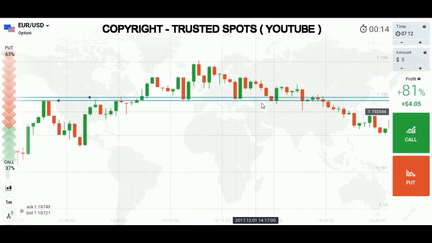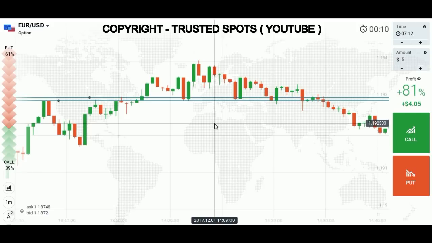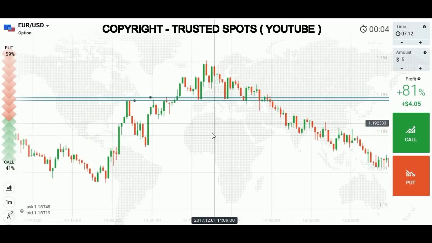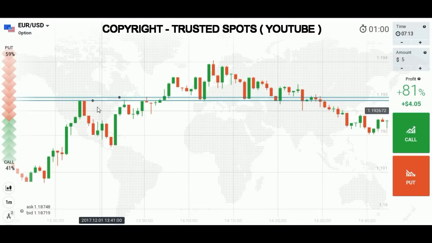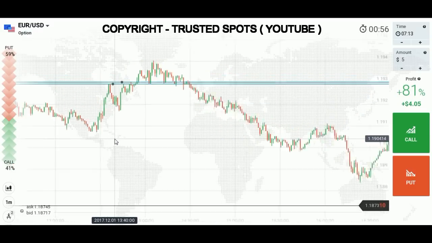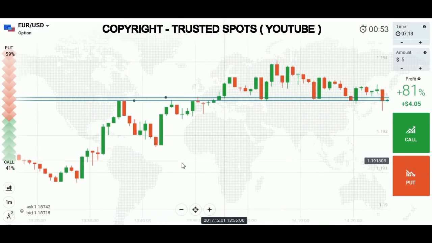By using these levels, you need to focus on going with the trend. If you are going against the trend, you might fail. Try to go with the trend while using intermediate SNR. These are intermediate SNR because they are formed in the chart not very far from us on the timeline.